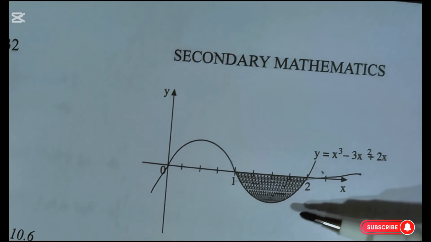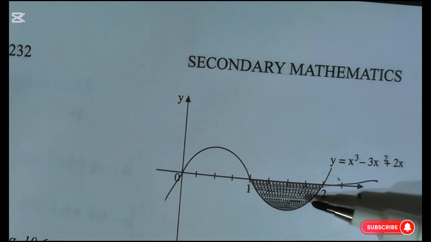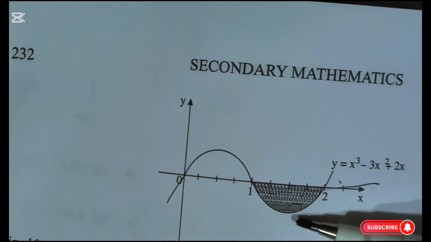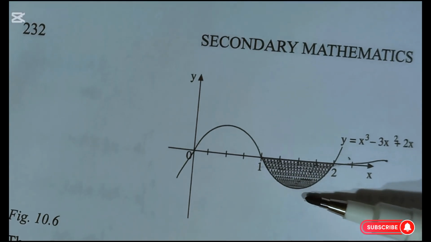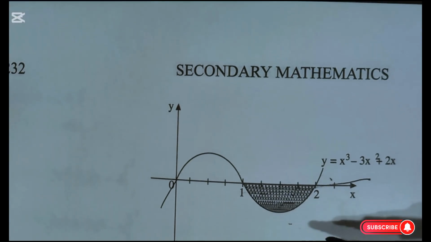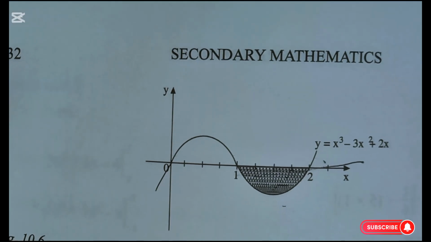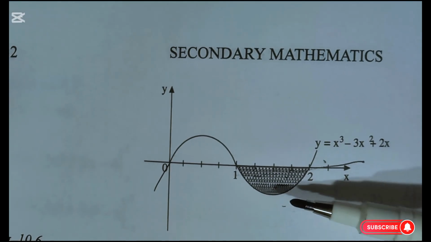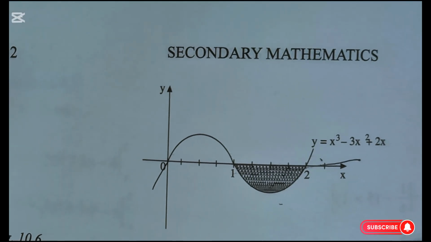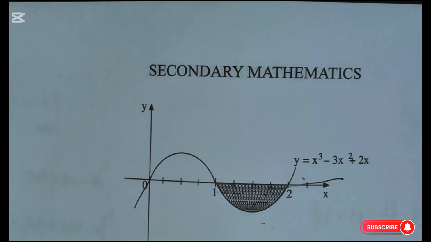So usually when we are dealing with problems where the shaded region is under the x-axis, the answer we get when we're doing our integral usually comes out to a negative number. Basically, that means the shaded region is below the x-axis. So don't be surprised when you find a negative answer after your integration.